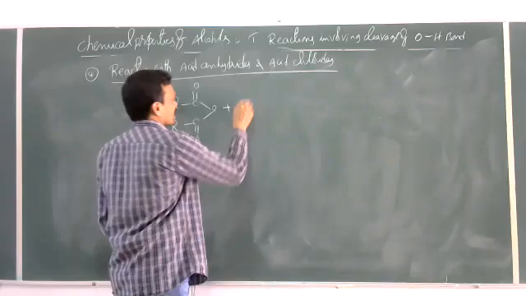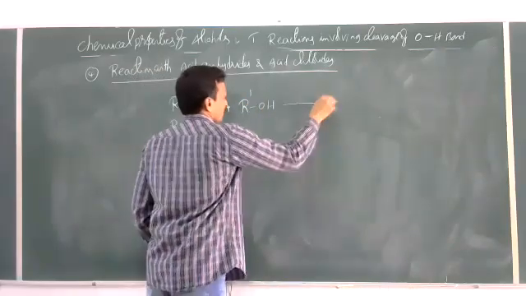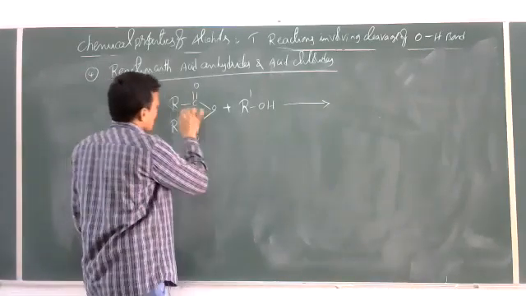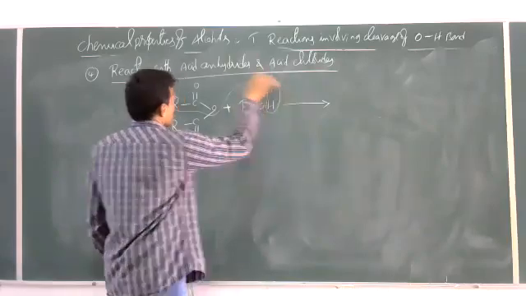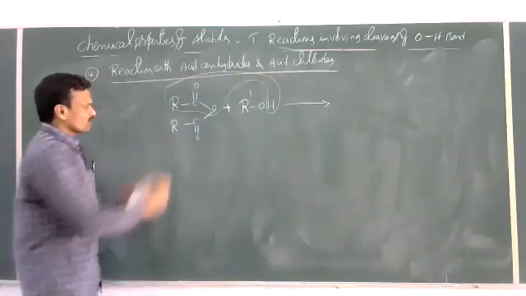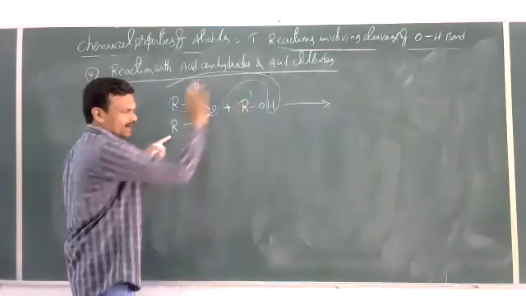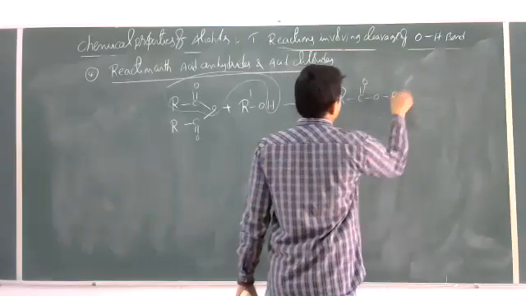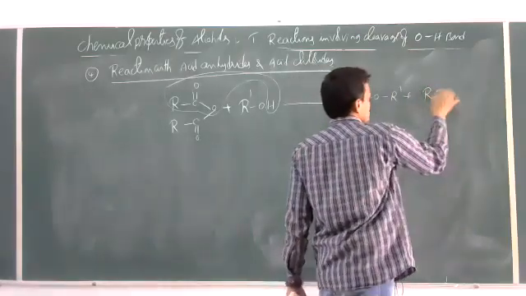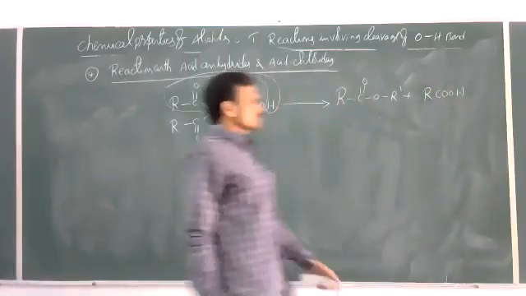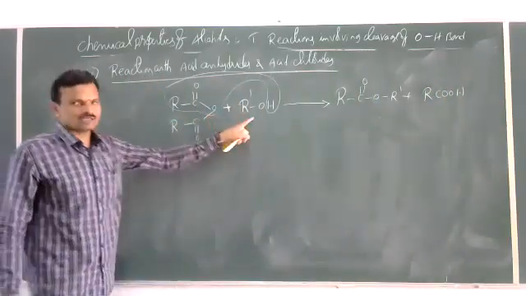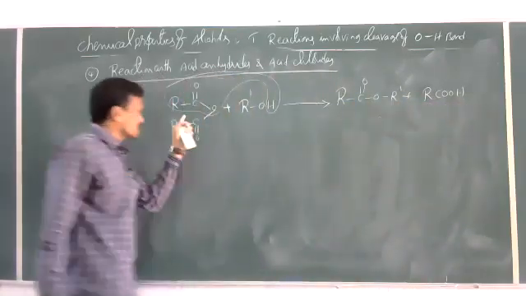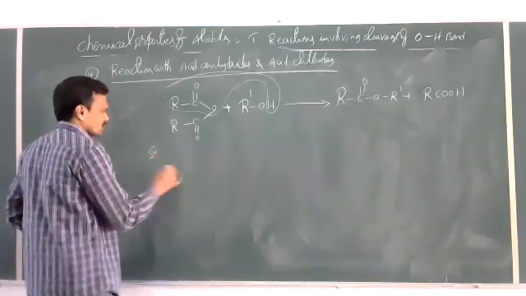So when these acid anhydrides are allowed to react with alcohols, the RCOO minus and H plus get eliminated as RCOOH, and we can get RCOOR dash. So the product formed is RCOOR dash plus RCOOH. So when acid anhydrides react with alcohols, we get an ester and the carboxylic acid of the corresponding acid anhydride. Let us take an example here.